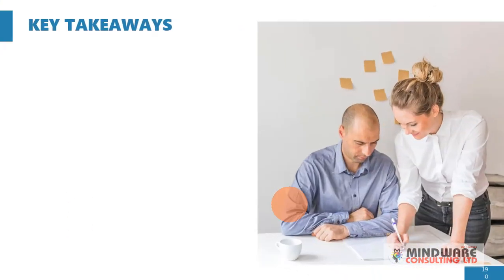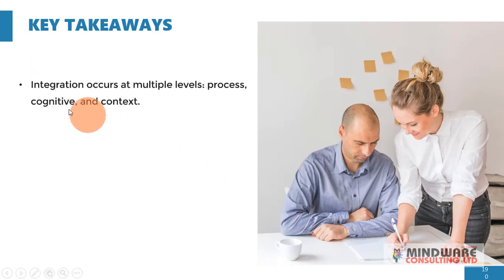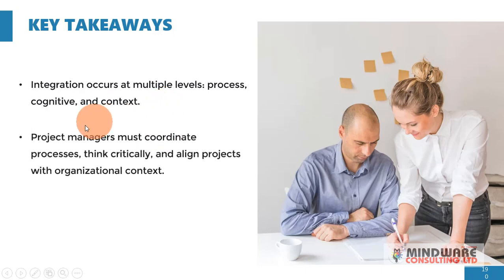Alright, so let's look at the key takeaways from this section. Integration occurs at multiple levels, and they include process, cognitive, and context. As a project manager, you must coordinate your processes, think critically, and align projects with organizational context. So it's very important: your project is not an isolated entity.